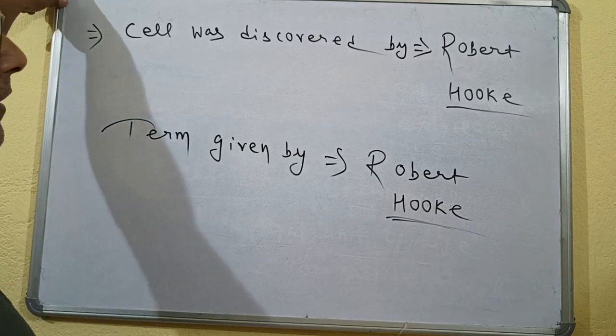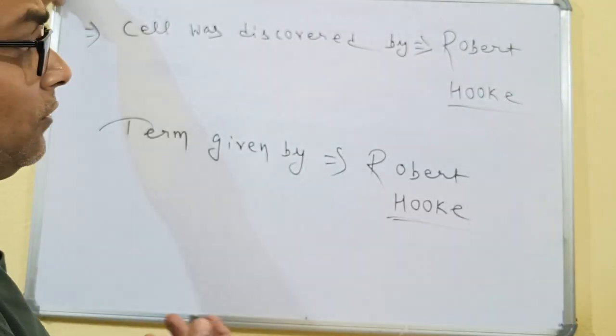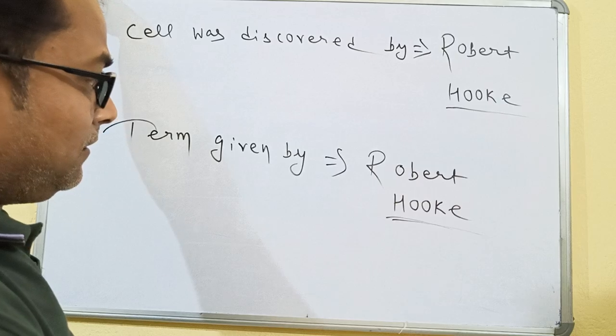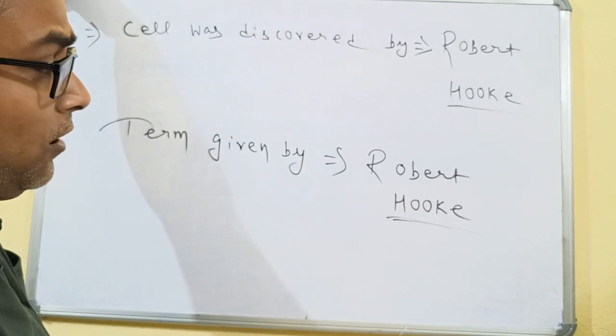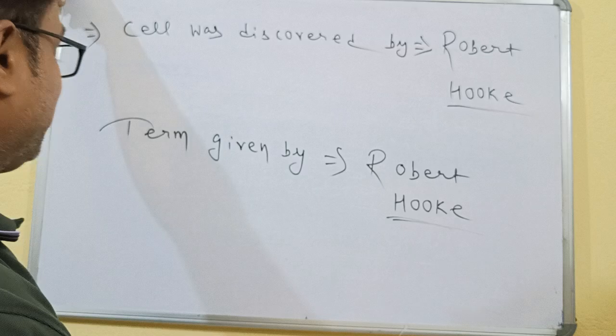So the question is, if Robert Hooke worked on a cork cell that is dead, which scientist worked for the first time on a living cell?